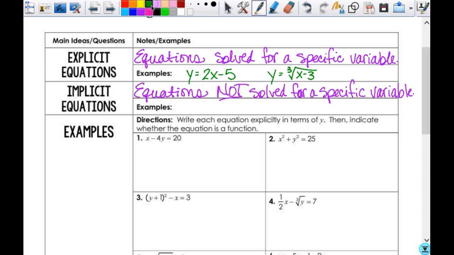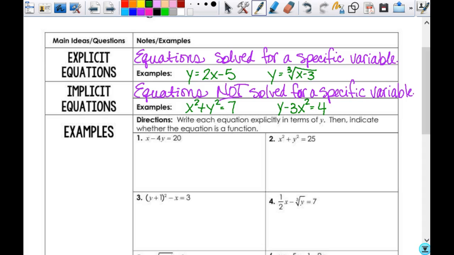So these examples, x squared plus y squared equals 7, and y minus 3x squared equals 4, something like that. All right, easy enough?